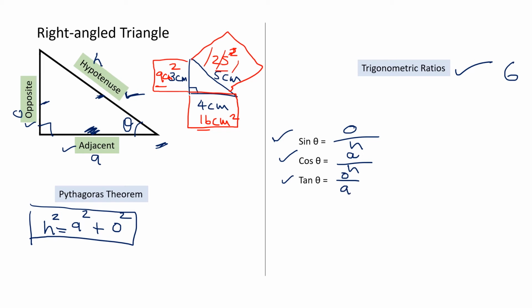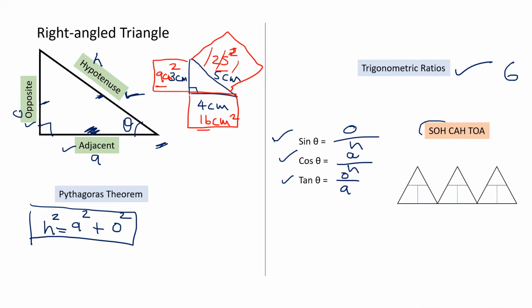You can find these formulas in your formula sheet. However, you may remember using the mnemonic SOH CAH TOA. From SOH, sine is equal to opposite over hypotenuse.